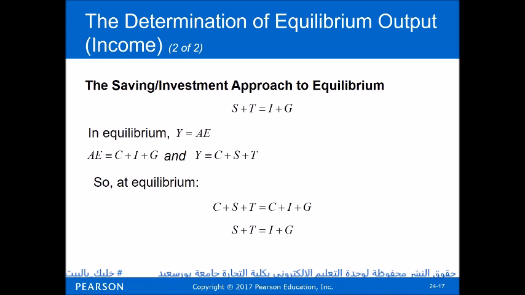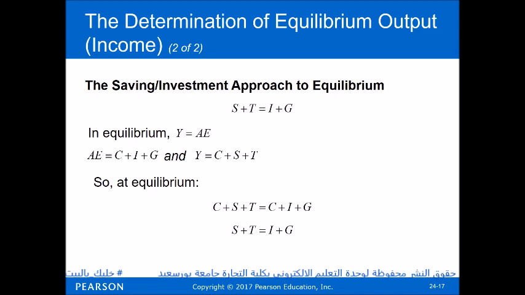We can derive this equilibrium condition, S plus T equals I plus G, as follows. We know that in equilibrium, Y equals AE, or income equals aggregate expenditure.